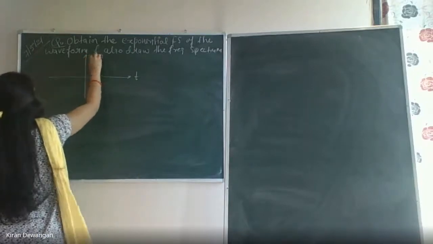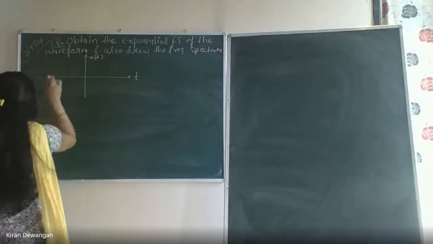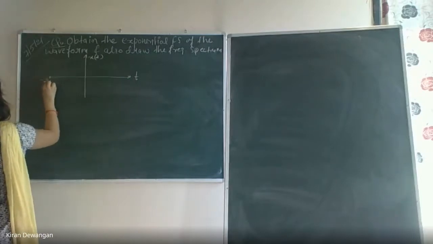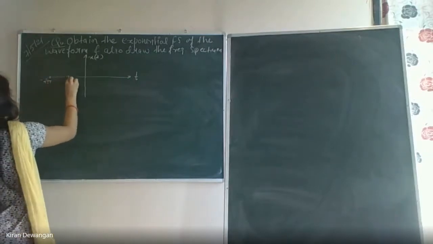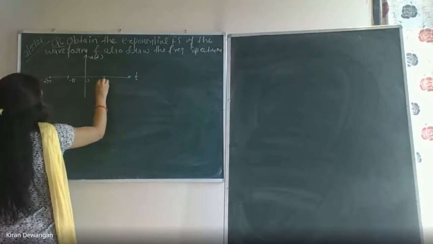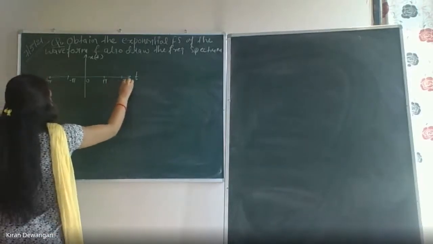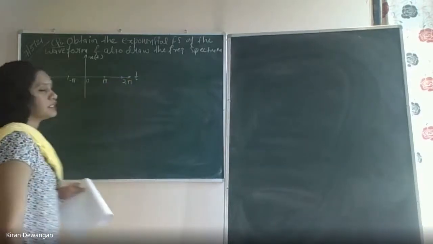This is x of t. The points are minus 2 pi, minus pi, 0, pi and 2 pi.